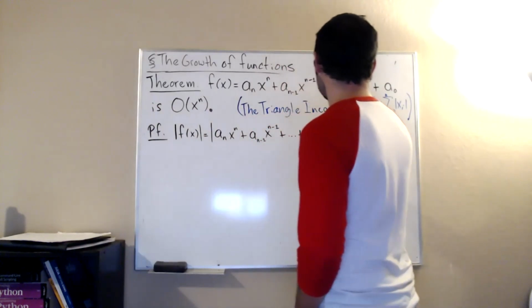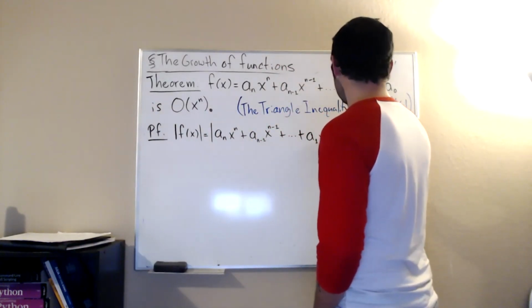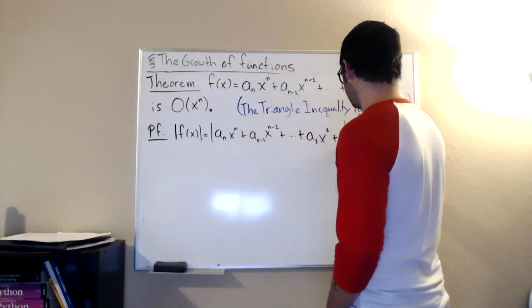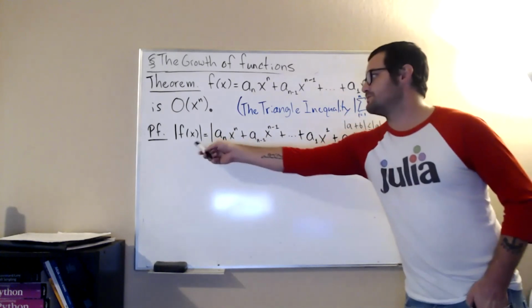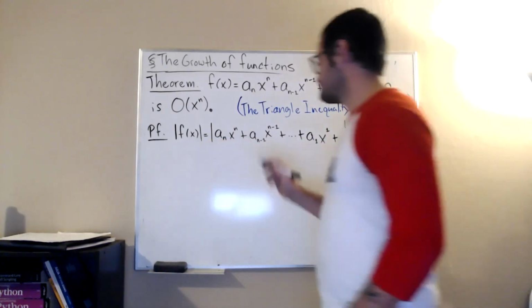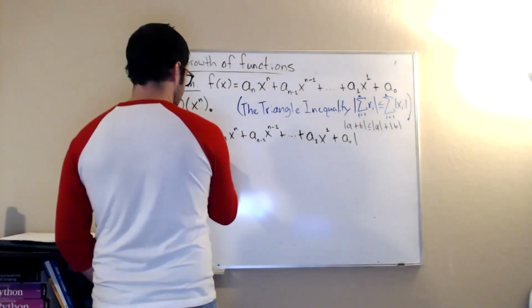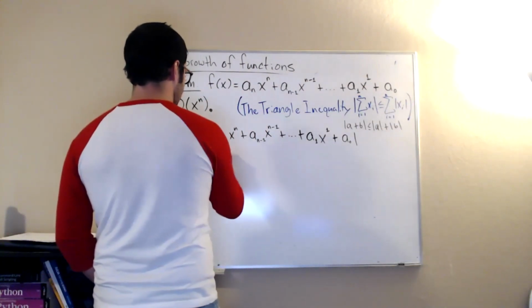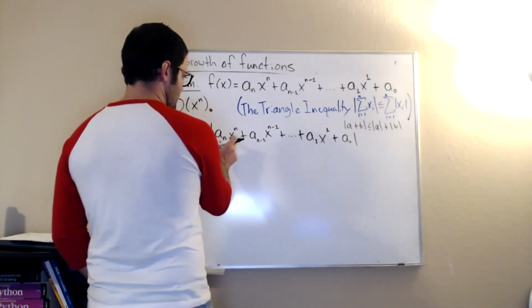we have this proof. This proof takes a while just because it's so long to write out. So the absolute value of that is equal to that. Well, by the triangle inequality, this is at most the sum of the absolute values of the pieces.